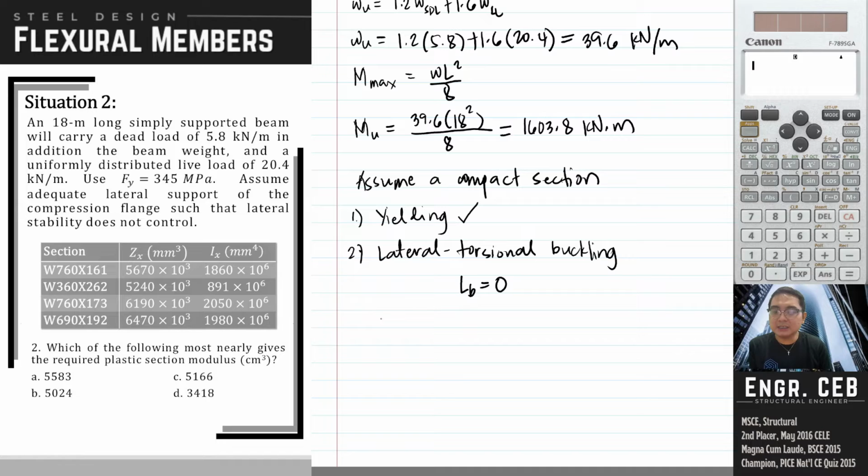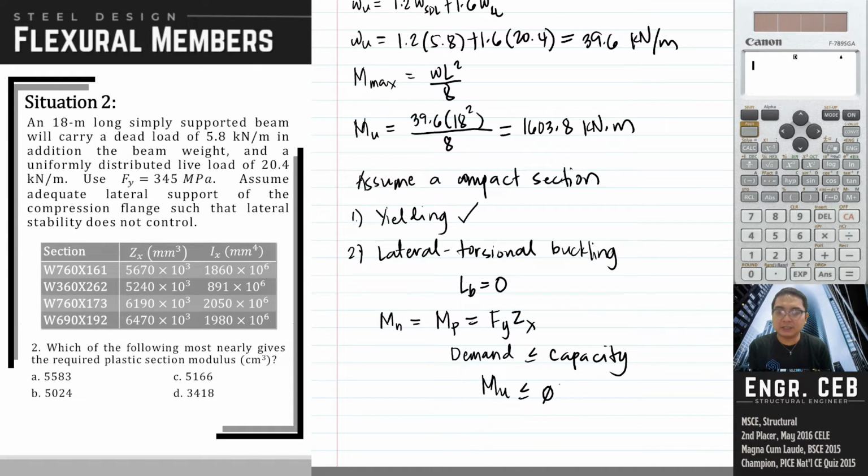For yielding, the nominal moment strength is simply equal to the plastic moment, which can be solved by Fy times Zx. Okay? So now we will compare the demand and the capacity. Our demand is Mu and our capacity is phi times Mn.